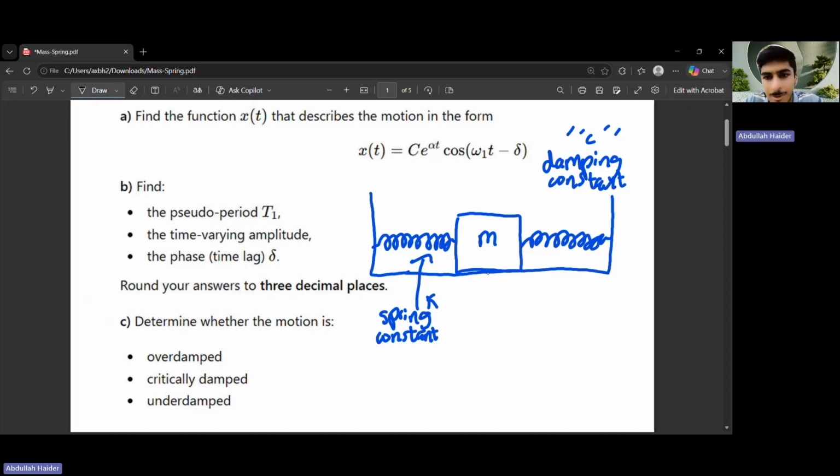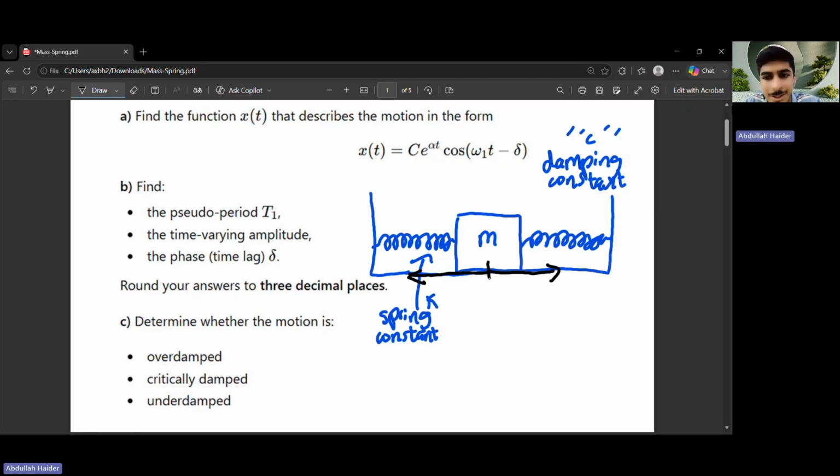When you give the block a push to the right, let's say, or to the left, damping is a type of thing which reduces the energy of the system as it oscillates back and forth.